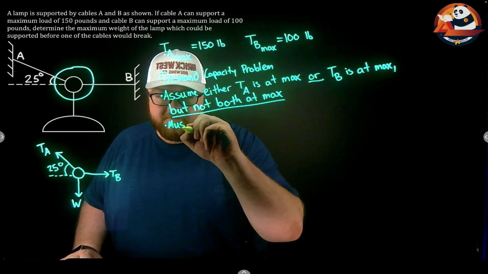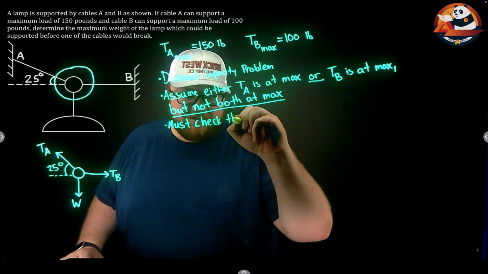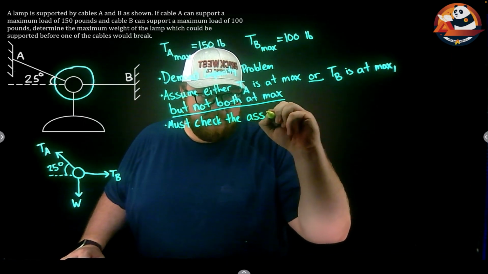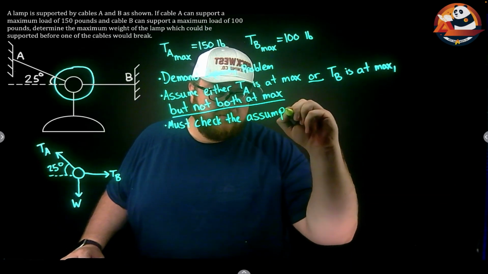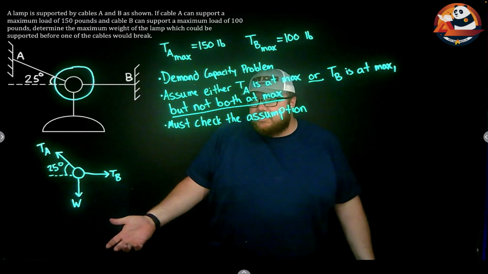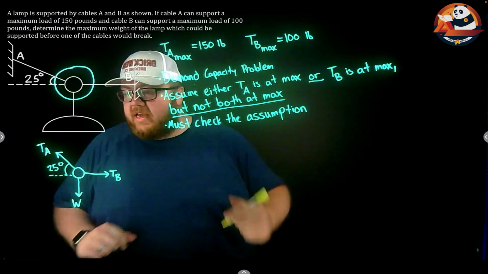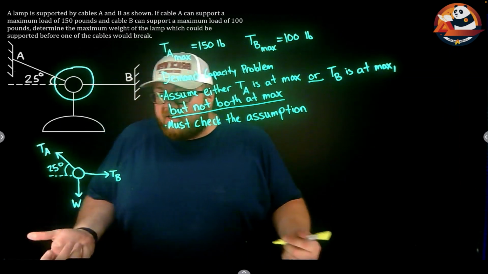Must check the assumption. Must check our assumption. So let's come in and just try this. I can either assume TA is 150 or TB is 100. It really doesn't matter for us.